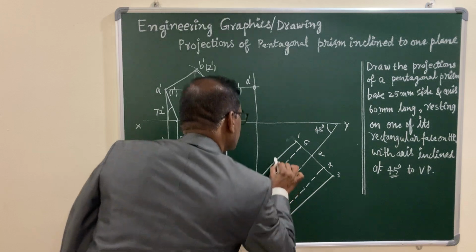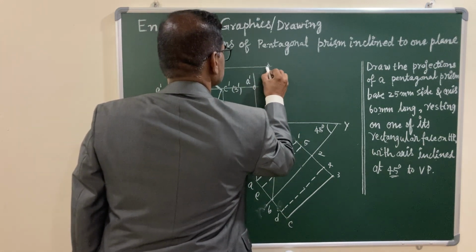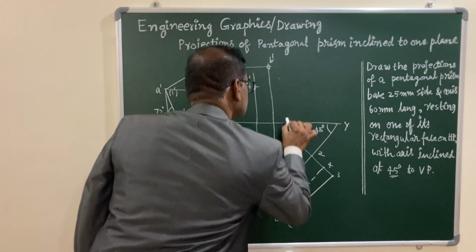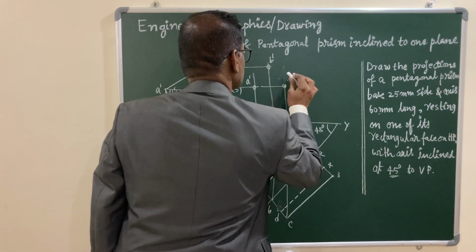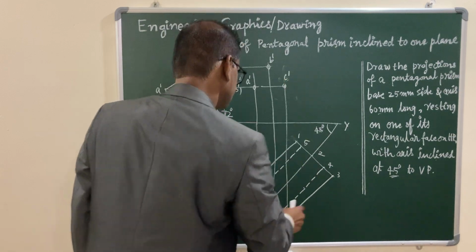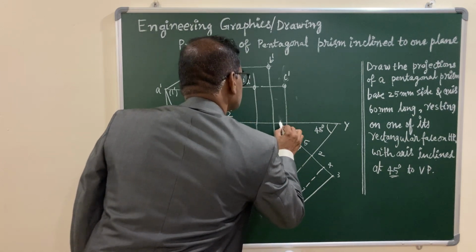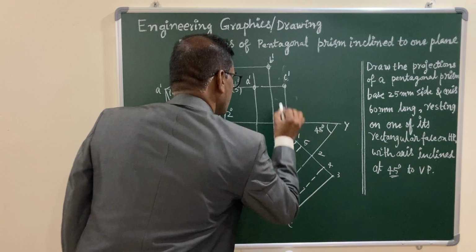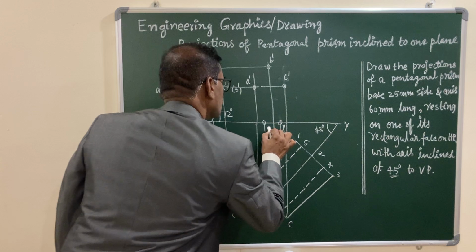Similarly, B is here, B prime, and of course C is here, this is C prime, and D. D is on this line, this is D prime, and you can mark E prime.